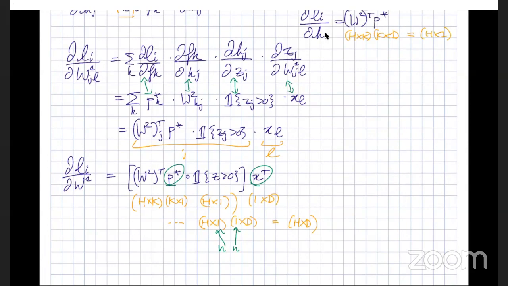Huh. So why would this not work? If you just took the partial of h2 with respect to h1, I think you'd see what I'm saying. Okay.